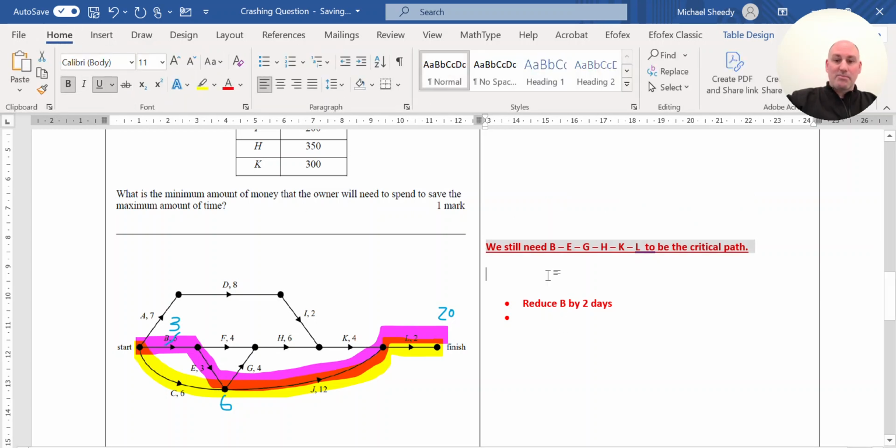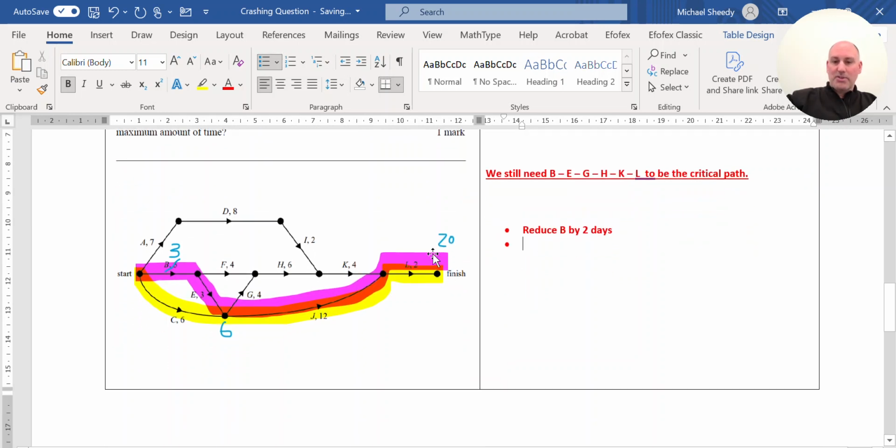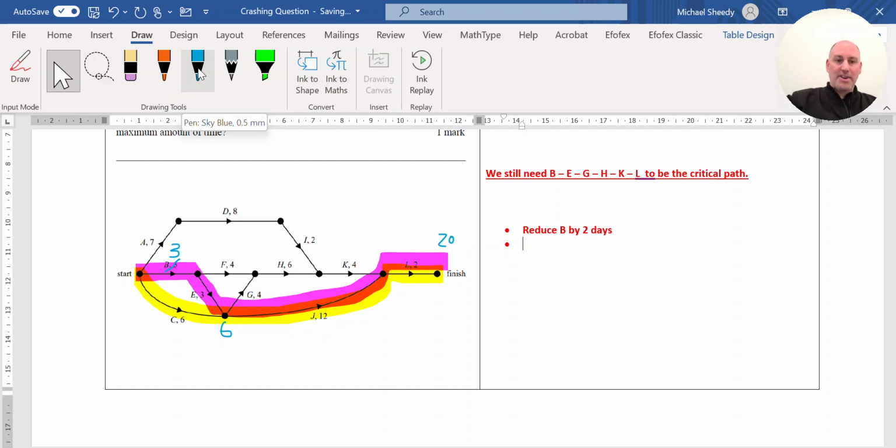So we need to make some reductions so that this will happen, and the completion time should be 20. That's our aim, to get that path B, E, G, H, K, L down to 20. So we just need to look at what other reductions I need to make to get that path down to 20. So let's analyze it from now.